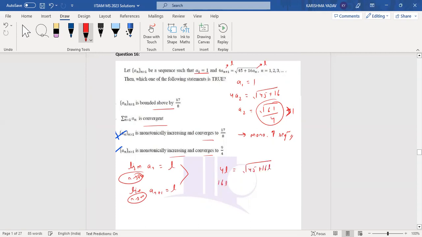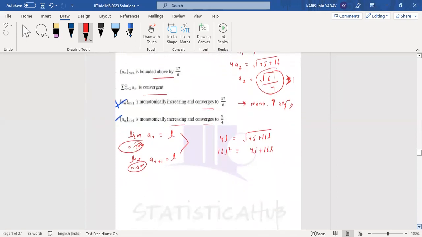Squaring, 16L square is equal to 45 plus 16L. It's just a simple quadratic equation: 16L square minus 16L minus 45 equals 0.